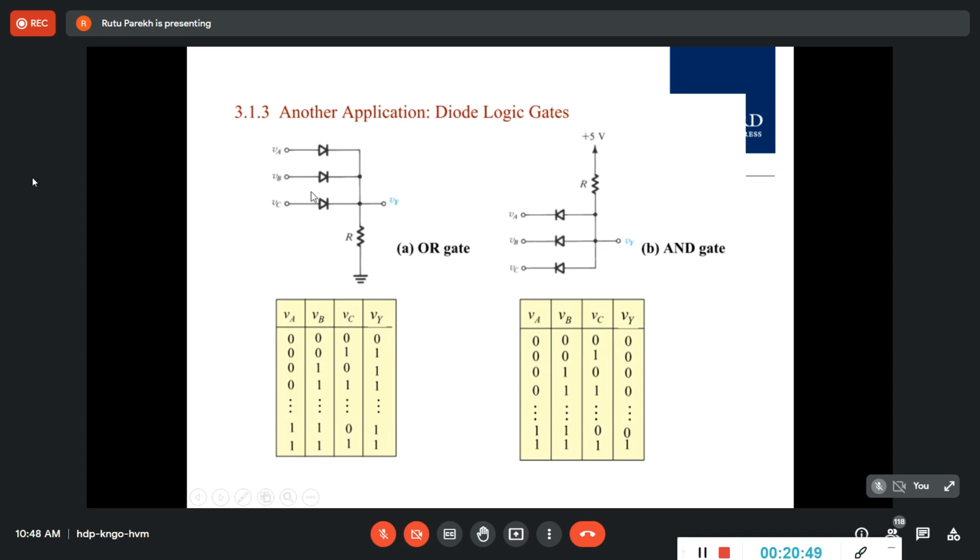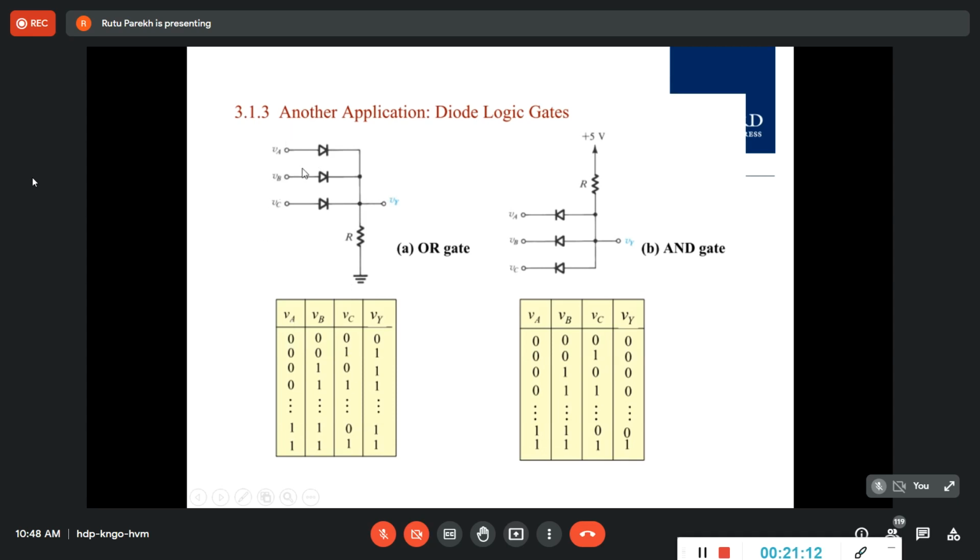Can you verify this truth table, whether this will definitely work as an OR gate or not? Your inputs are A, B, C, and your output is here at Y. So does it work like an OR gate? Start with the first row.